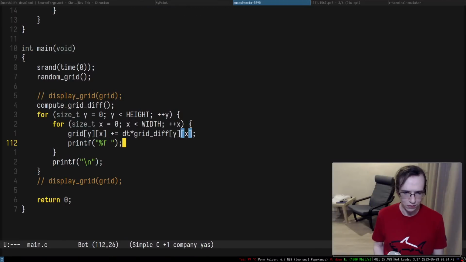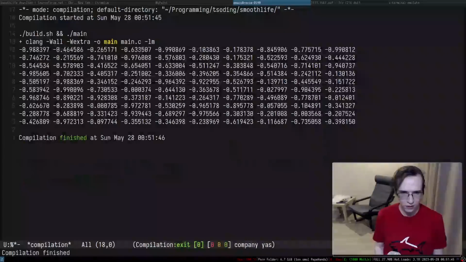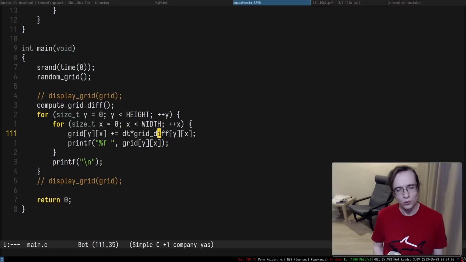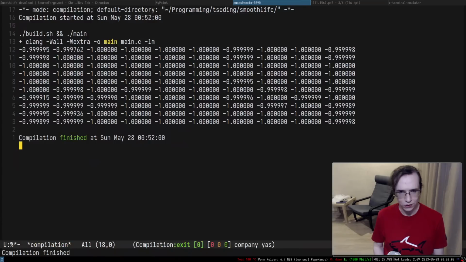That doesn't make any sense because I didn't do grid Y, grid X. Okay, and they became instantly negative, which is kind of sus, not gonna lie. So if I take a look at the grid diff in here, they mapped really badly.